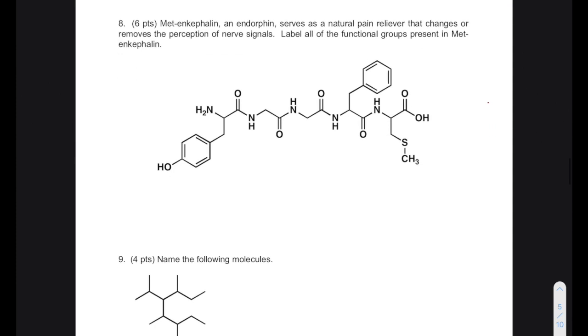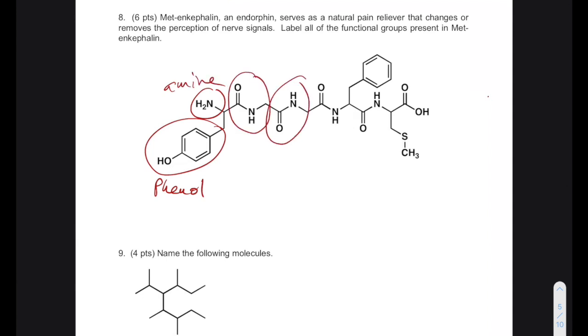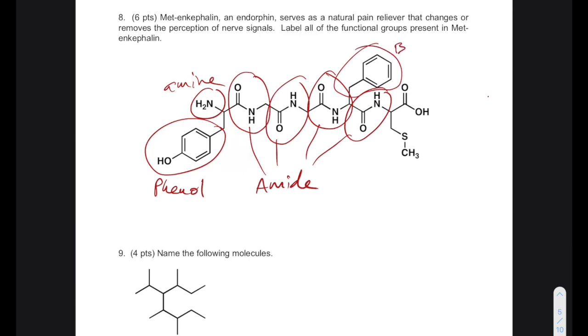For question 8, what we really have to do here is label the functional groups. Here we have a phenol, here we have an amine, here, here, here, and here we all have peptides; within a peptide we always have amides. And over here, depending on how you wanted to label it, if you grab the carbon, then this is a benzyl group.